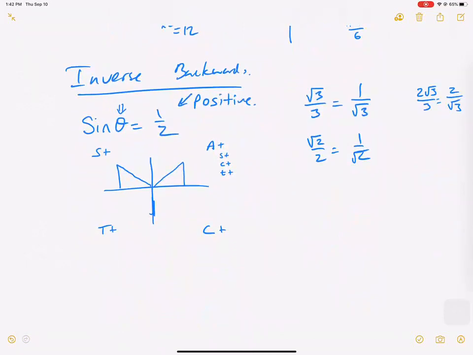Now, here is the next step. Don't freak out, it's actually pretty easy. What sides does sine stand for? Sine stands for opposite and hypotenuse, doesn't it? So in this angle here, opposite has to be 1, hypotenuse has to be 2. What do you think that third side is going to be? We've seen this triangle before, right?